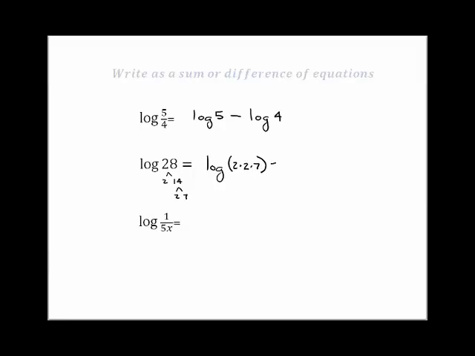All right? So then we got the log of 2. Now we're multiplying. What did we do when we multiplied? We added. Exactly. So we've got log of 2 plus the log of 2 plus the log of 7.